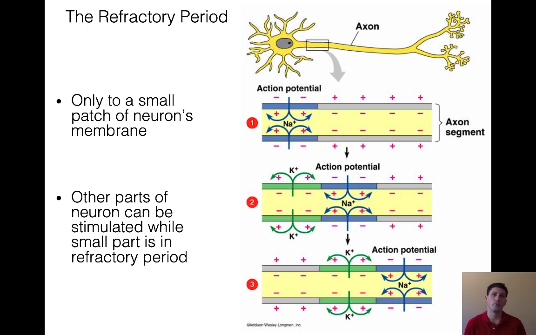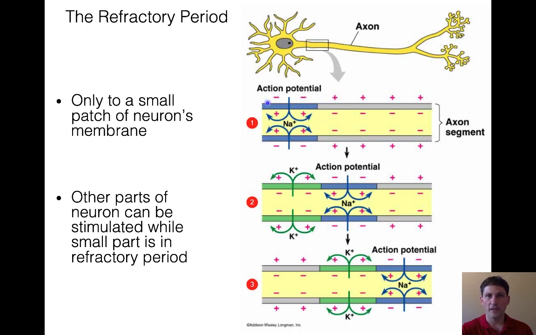If we look at the refractory period, okay, and we take this chunk of our axon and we blow it up, we can see that sodium is rushing in, and we've changed our voltage here on this membrane, where down our axon we don't have anything changing, right? Nothing has happened yet.